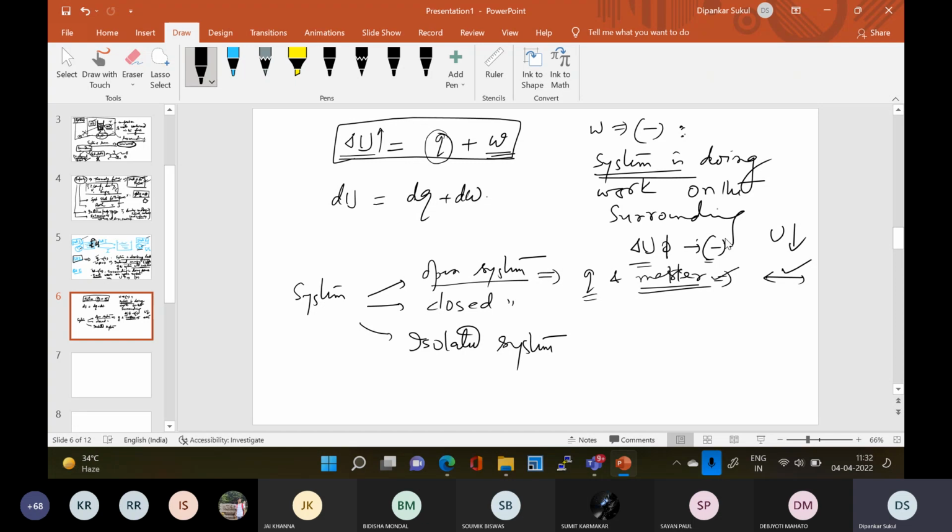Those pumps are examples of open systems. Our body, the biological system, is also an open system. Both heat and matter can be exchanged between the system and the surrounding.